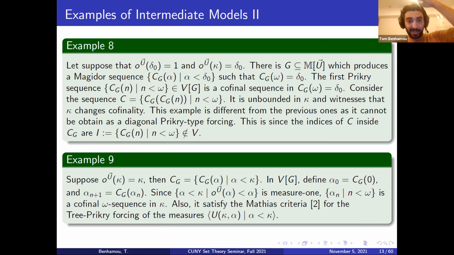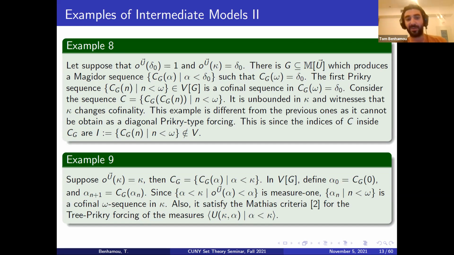Okay, and let us ask what kind of forcing generates this thing. Well, there is a Mathias criterion for the Prikry forcing I proved, and you can simply see that this sequence satisfies the Mathias criterion for Prikry forcing for the sequence of measures U kappa alpha.